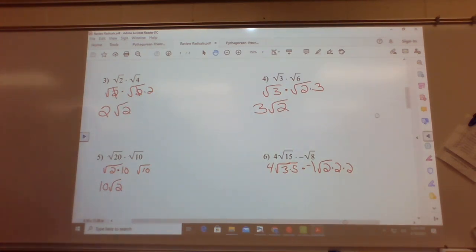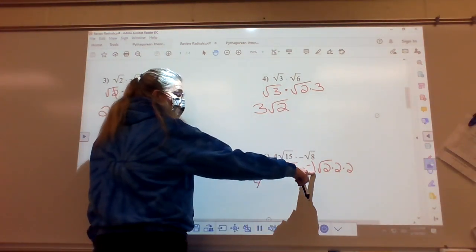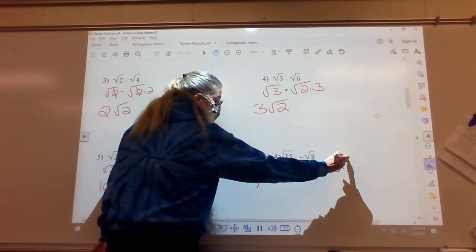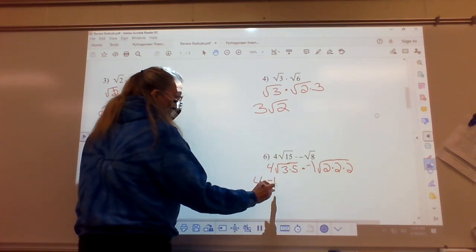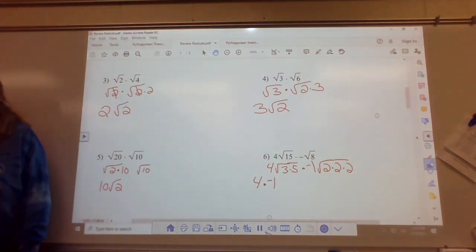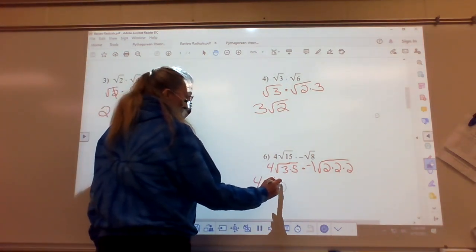So the 4 is already out front, so I'm just going to pull it out front. The -1 is already out front, so I'm going to pull it out front. Now, is there anything I have a pair of? I have a pair of 2's. So the 2's also going to come out front.